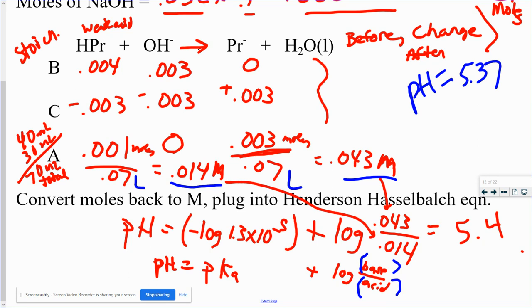Okay, base over acid. So when we solve that, we get a pH of 5.4. So the pH was close to 3, and now adding 30 milliliters, we added quite a bit of the NaOH, it jumped up to 5.4. But we still have some of the conjugate acid left over. We haven't neutralized all of it.